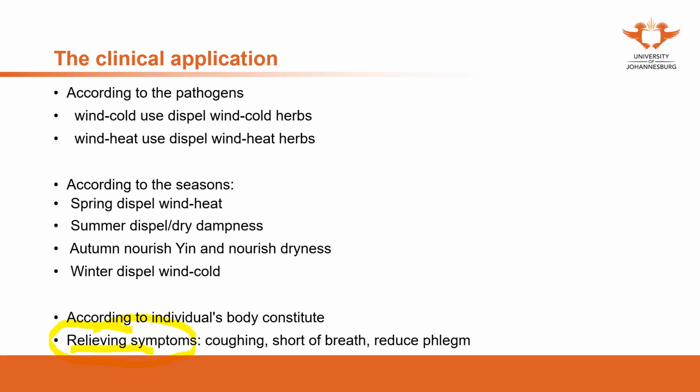You want to relieve the coughing, shortness of breath, or reduce the phlegm, or you try to open the orifice because the patient has a blocked nose, nasal congestion. So you choose the herbs according to the main or most severe symptom. These are different aspects you may think about when you write the prescription.